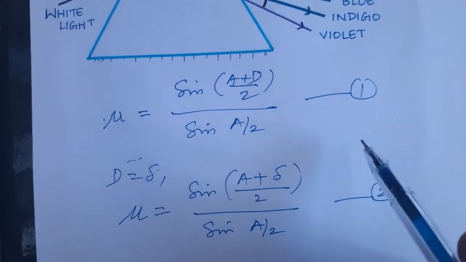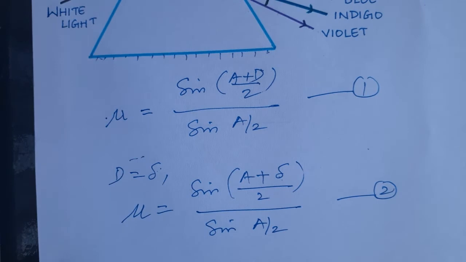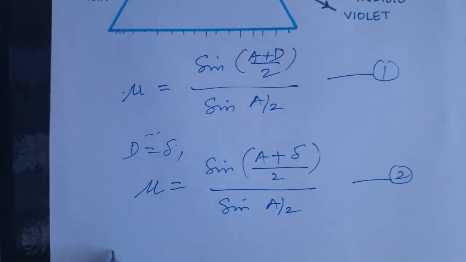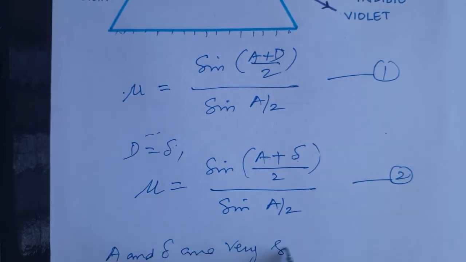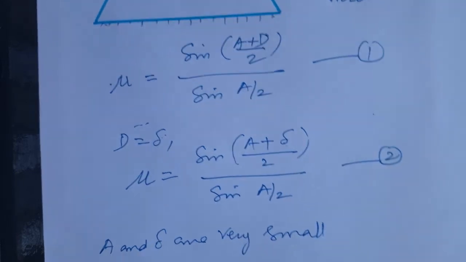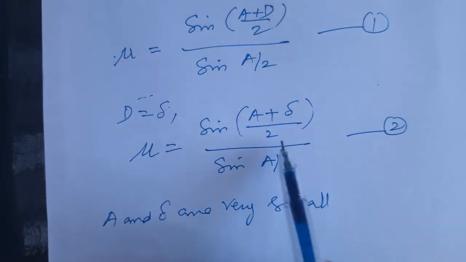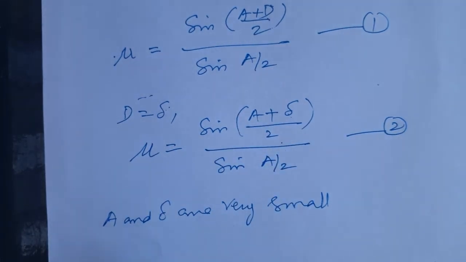As I said earlier, A and delta are very small. You can write sine of (A plus delta) by 2 as just (A plus delta) by 2.